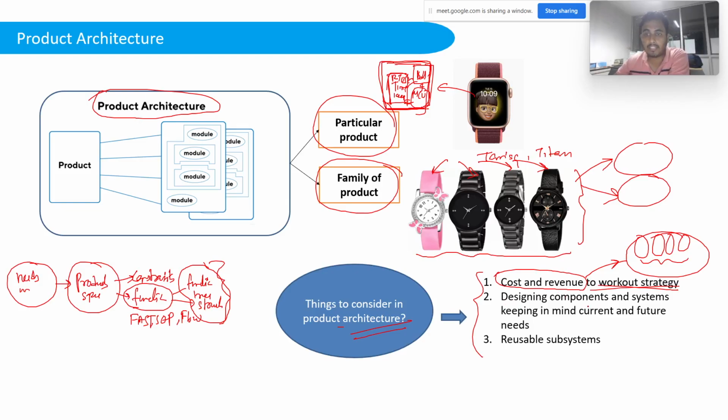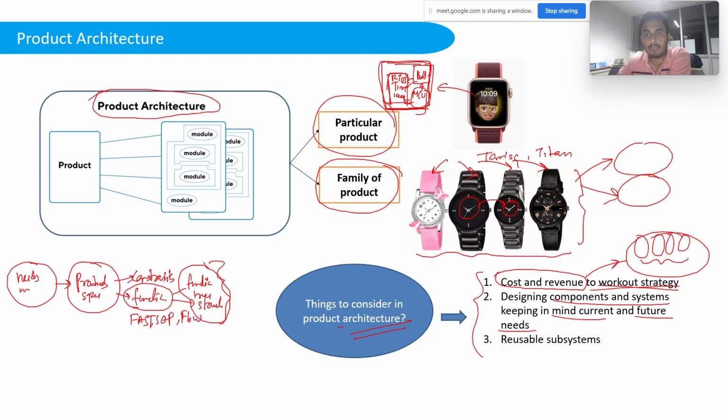Another consideration is that when designing components and subsystems, you need to keep in mind whether you are going to use a particular component or subsystem in future. So you need to consider both the current need as well as future requirements. For example, you may carry a particular dial forward to your future product lineup.